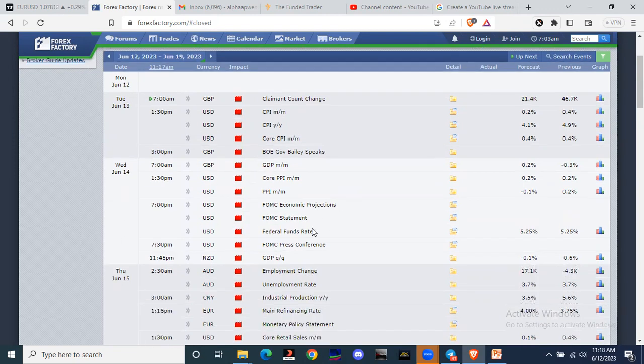And then FOMC, it's the Fed that will make the interest rate decision. So CPI is going to influence what the interest rate decision will be on Wednesday. All of these are the most important fundamental metrics used to determine the general flow of the market, because that's what the big traders use to trade. They don't just randomly trade off an order block, this one, that one. No, they actually use all of these fundamental events to make their trading decisions.